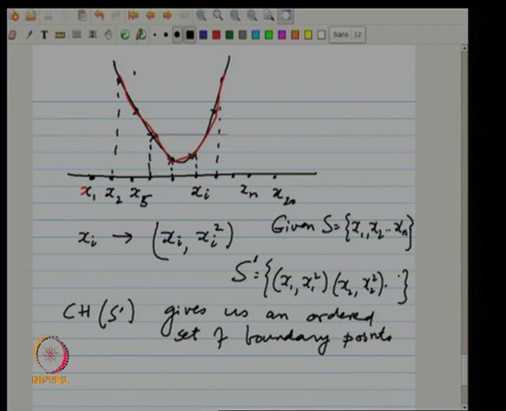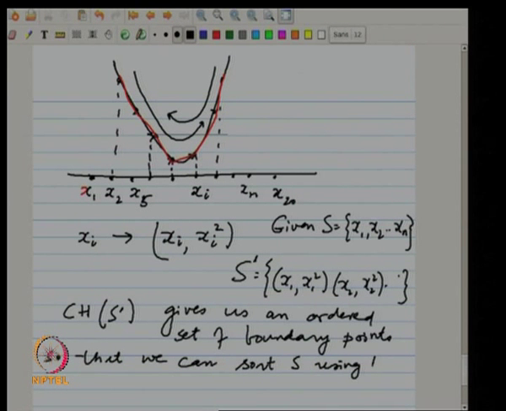Either it will be like this or it could be like this, either way is fine. So that we can sort S using this ordering, since all points are on the boundary.